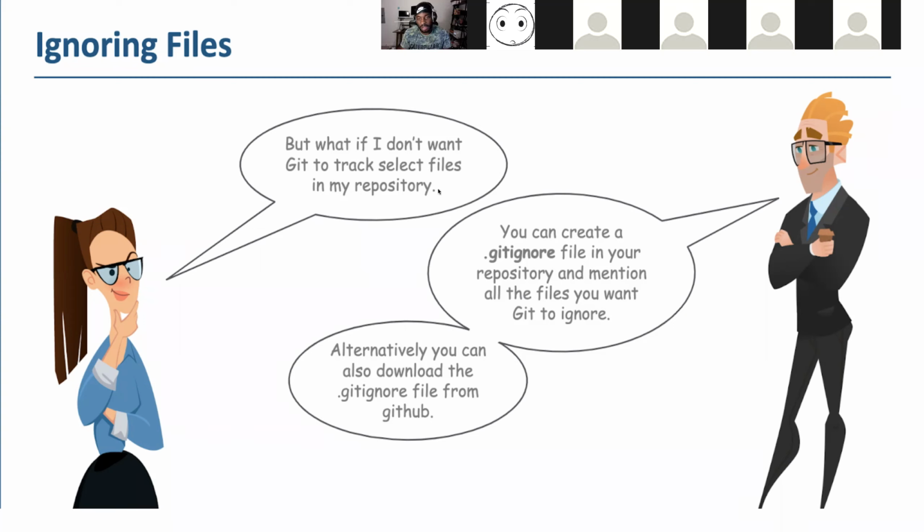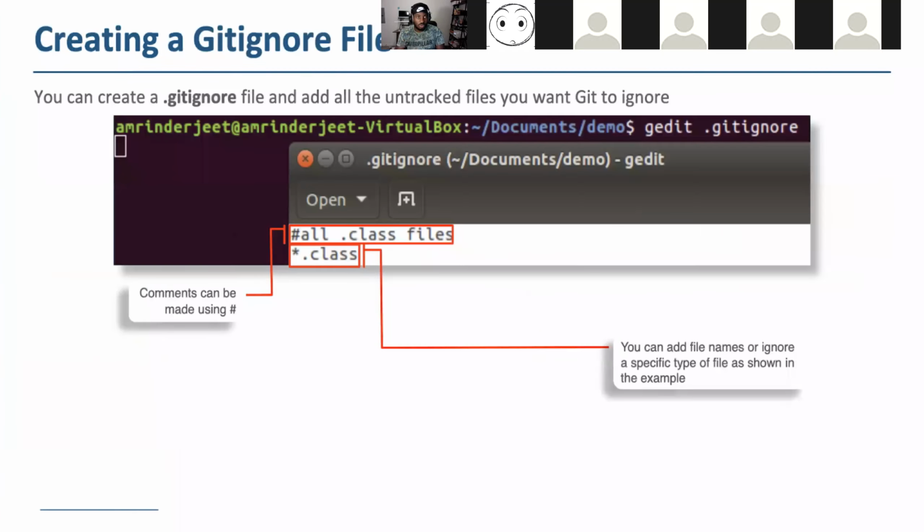Anyway, so ignoring files. There's this file called git ignore that you create, and you pretty much ignore every file. So I'll kind of show you what it looks like. You can run this command, or you could just create a file by yourself.